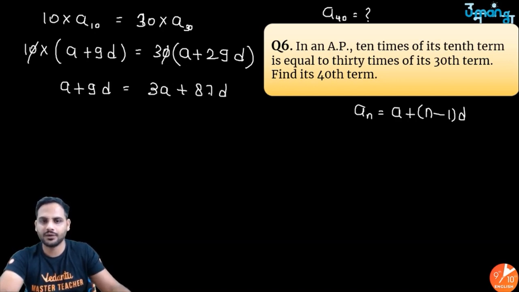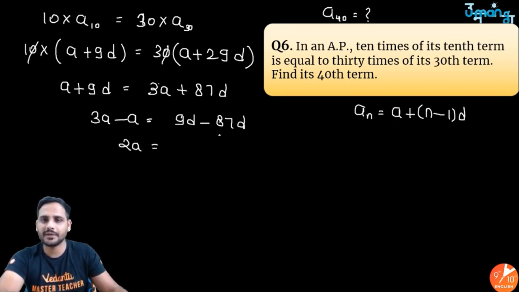Correct? So shift A over here and D over there. So I will get 3A minus A, that is 3A shifted there, and it will be equal to 9D minus 87D. Transposition I have done. So I am getting 2A is equal to 9D minus 87D, which will be equal to minus 78D. So A is equal to minus 78D by 2.